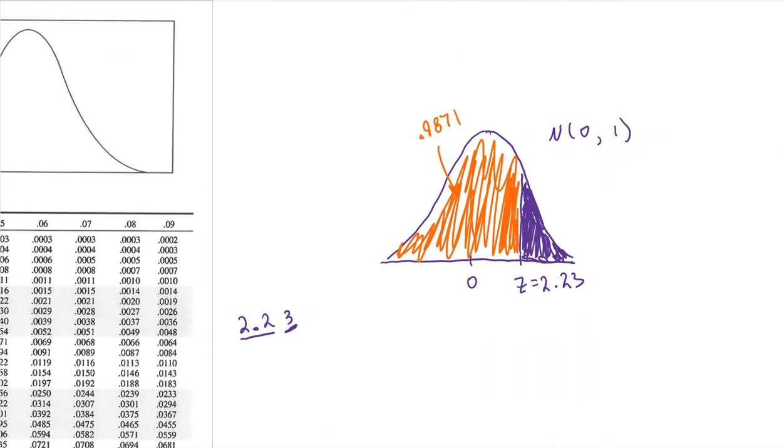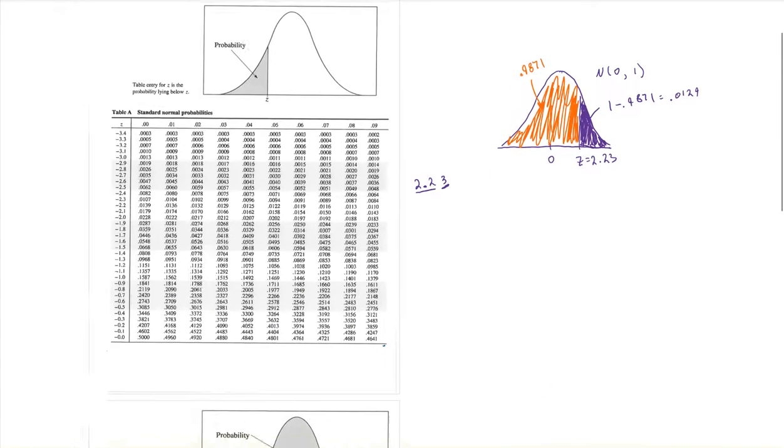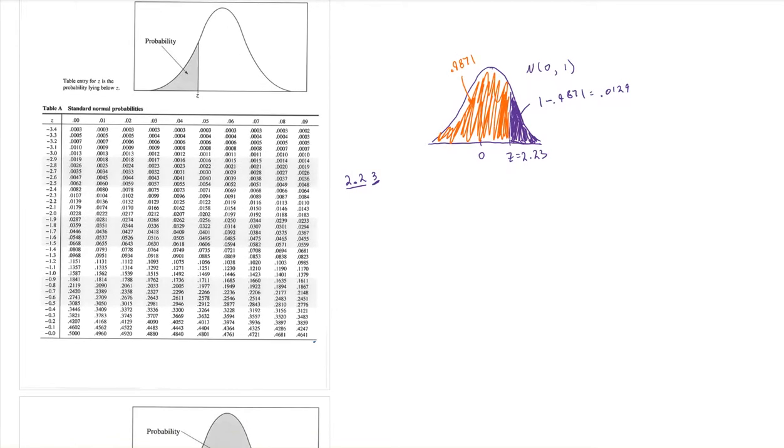And that means if I want this purple area, because I know the total area under a normal curve adds up to 1, all I would do is subtract my 0.9871 off of 1, because the remainder of the area has to be to the right of my z-score value. And in this case, that would leave me with an area of 0.0129. So this is typically going to be how you will read your z-score table.